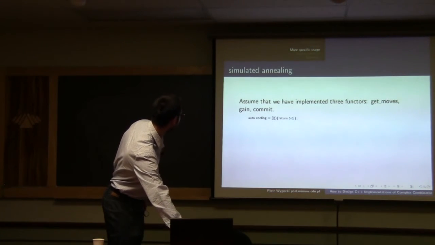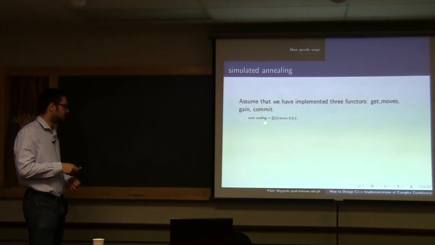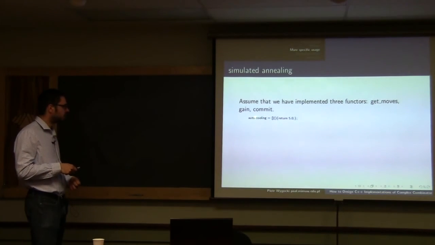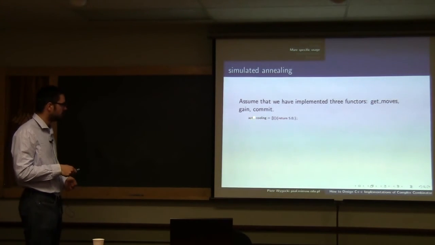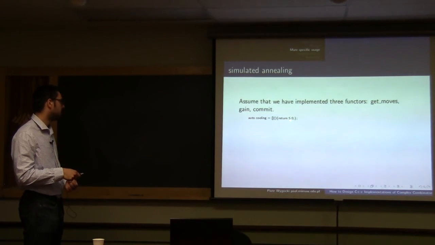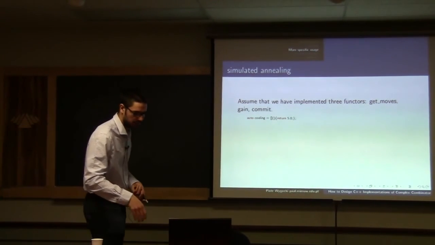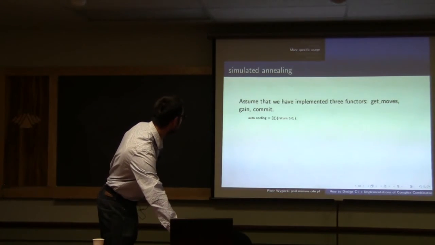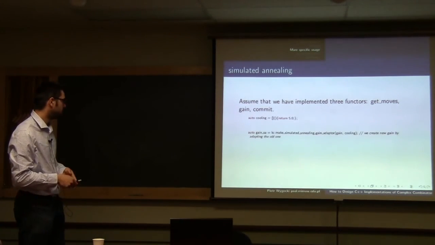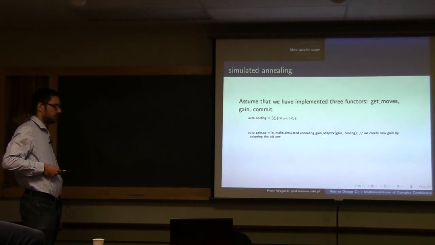First of all, you need to know what the current temperature is and how it changes. This is usually named the cooling scheme. So this is the name, cooling. Now our temperature always equals 5. This is a pretty stupid cooling scheme, but we are going to work with that. All we have to do is use the gain adapter from the library.